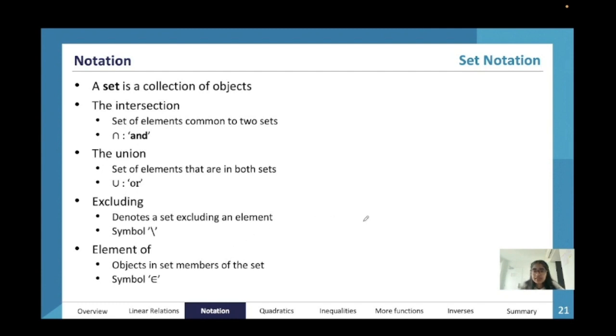If you have a set, you have stuff inside the set, so elements of the set. For example, basketball and soccer are elements of sport. They fall inside the set of sport, so they fall under the category of sport.